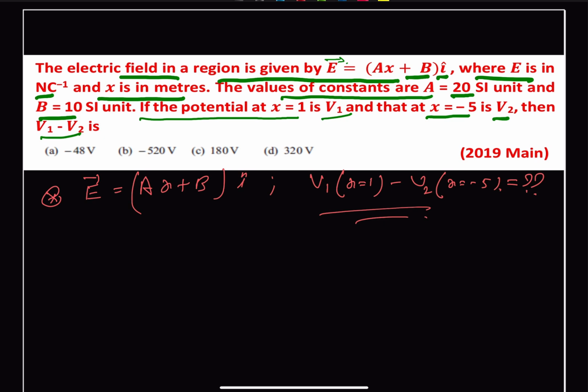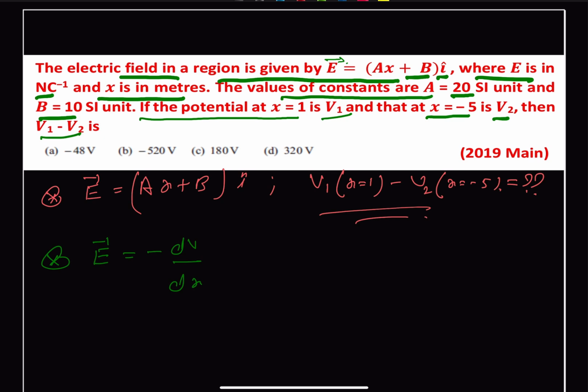We know already the relationship between the electric field and the potential, that is the derivative of the potential. So we know that our electric field is equal to minus dV upon dx.